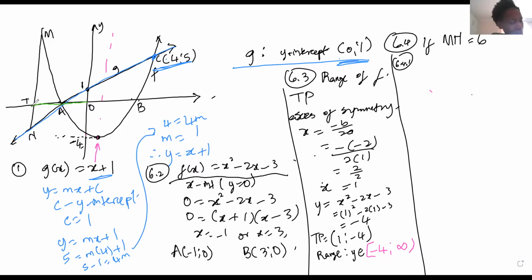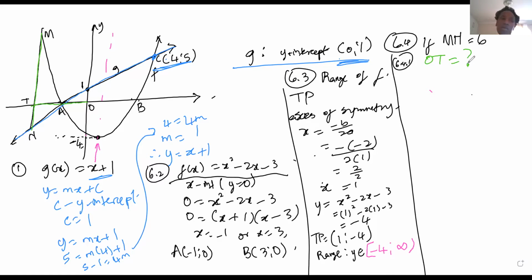Determine the length of OT if T lies on the negative x-axis, show all your working. So they tell you MN is 6. Let's see where MN is. MN is this, right? Okay, so they want the length of OT.